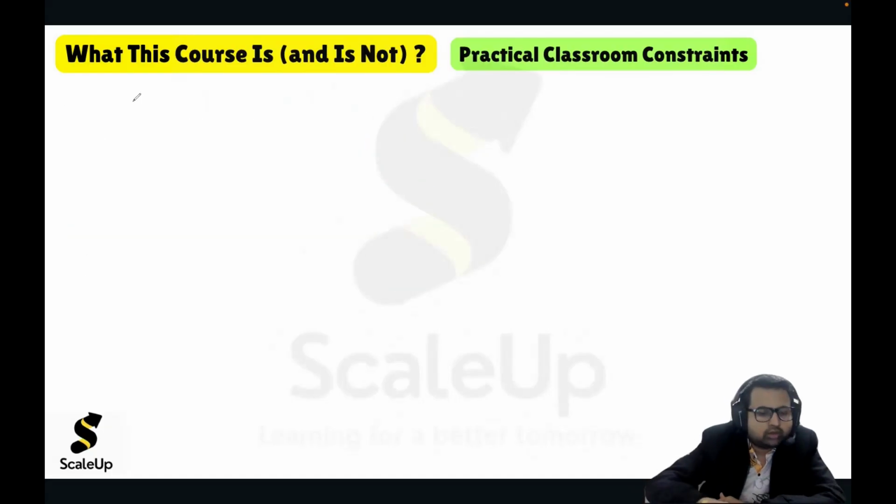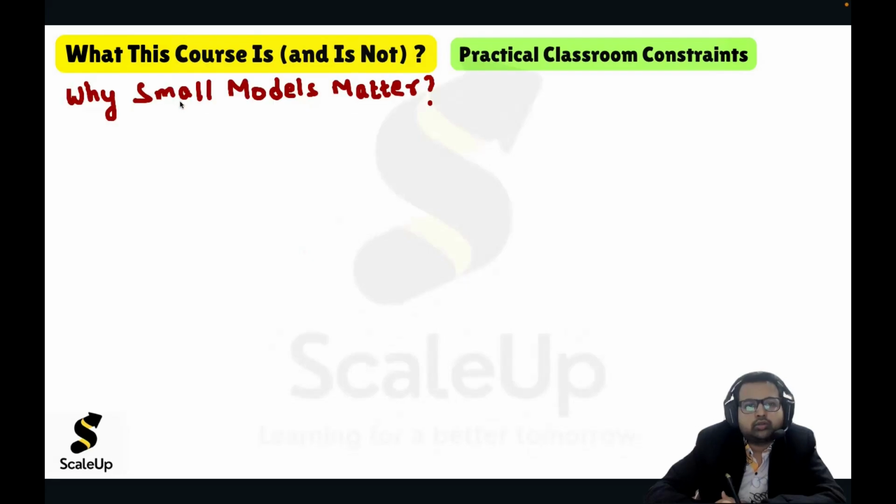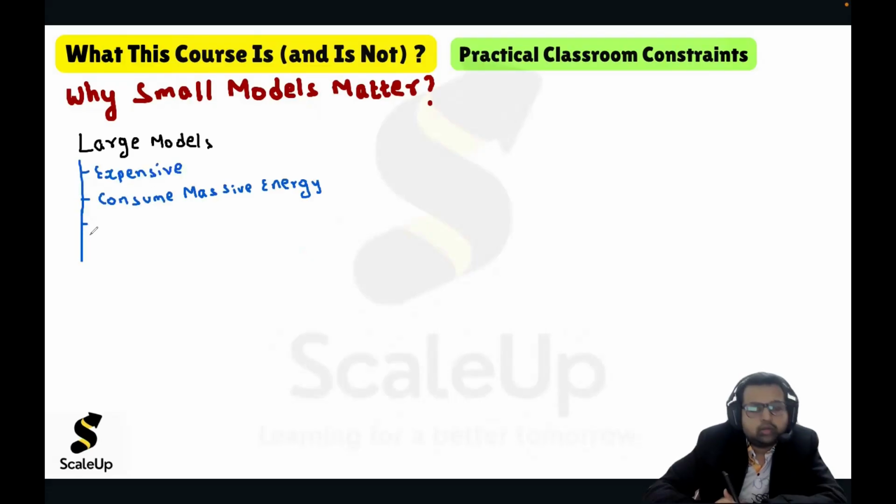If we talk about why small models matter, large models are expensive, they consume massive energy, they require cloud dependency for GPUs or some hardware infrastructure, and large models are difficult to audit.